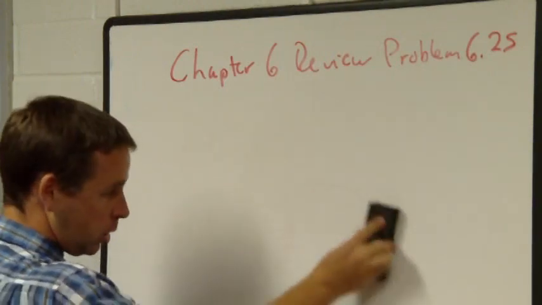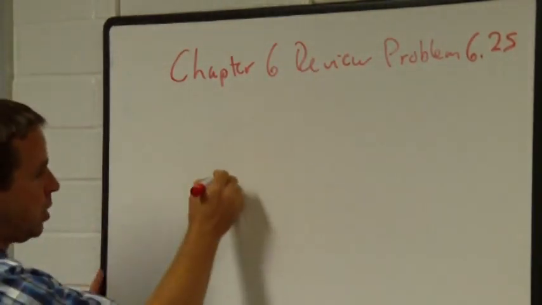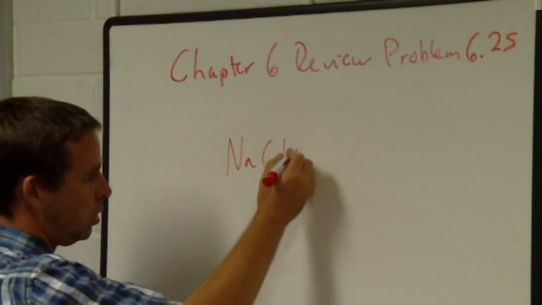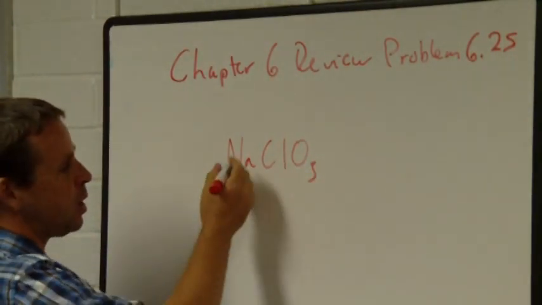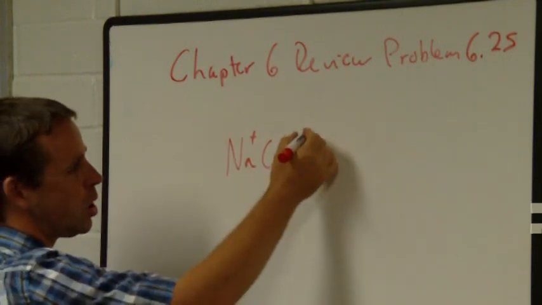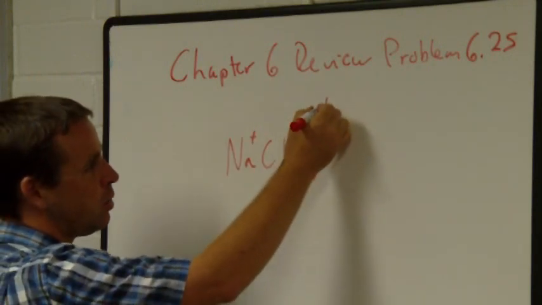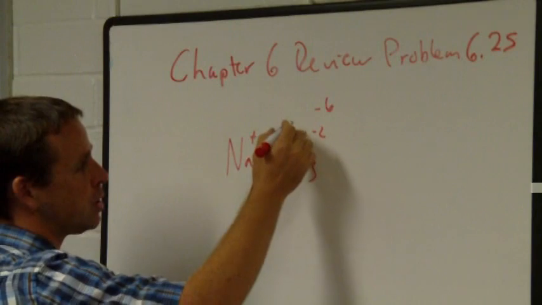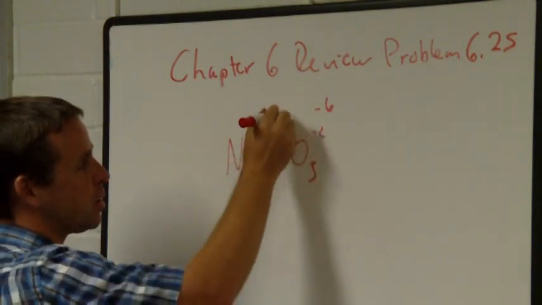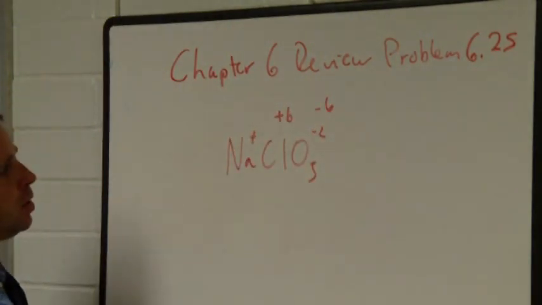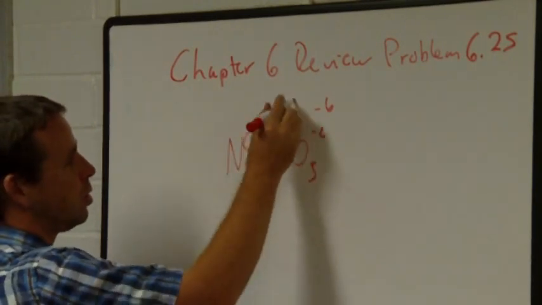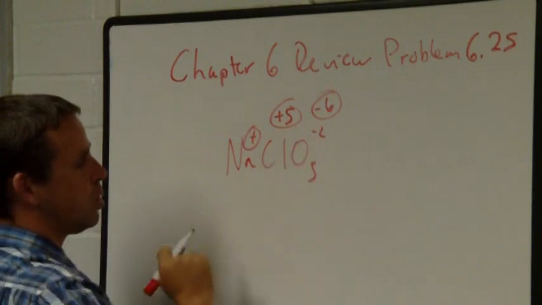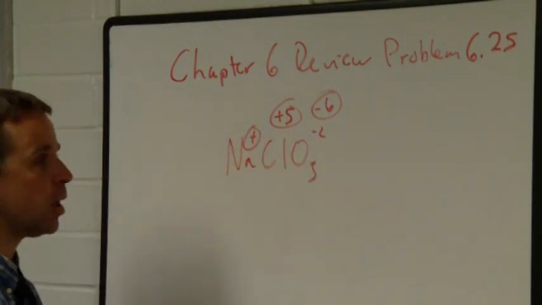Now sodium chlorate, NaClO3. We have the same situation. The sodium has a plus charge. Oxygen has a -2. There's 3 of them, so that's a -6. So chlorine has to have a +5 so that the sum is equal to 0, which is the charge on that ionic compound.